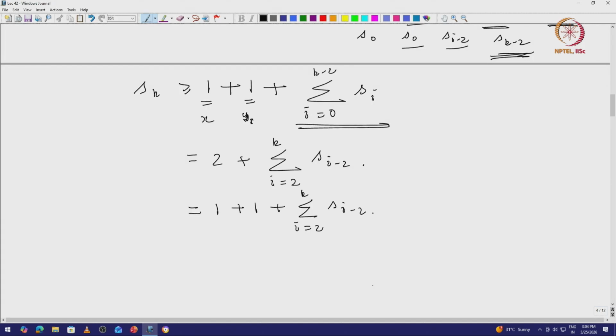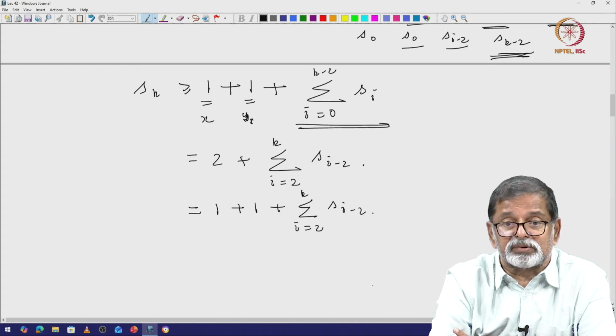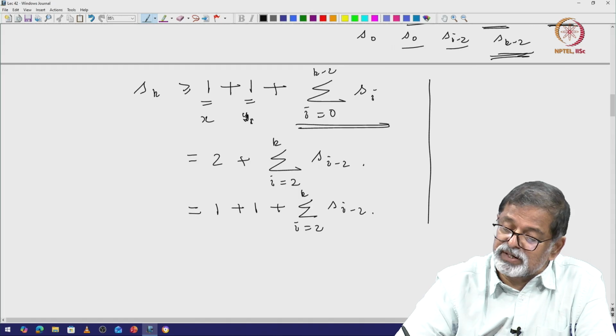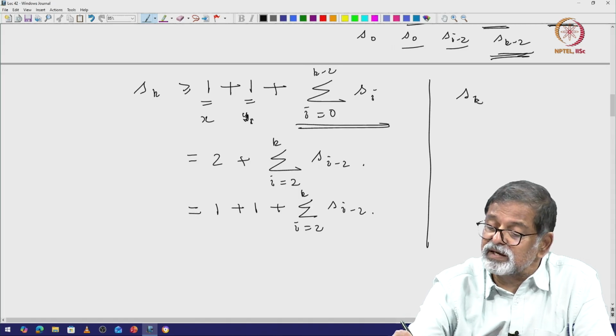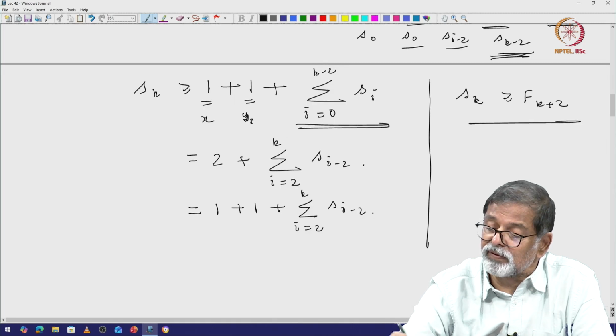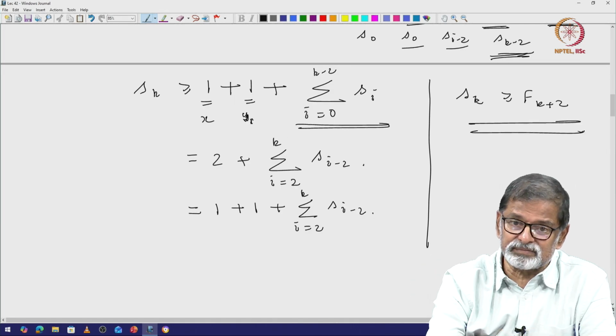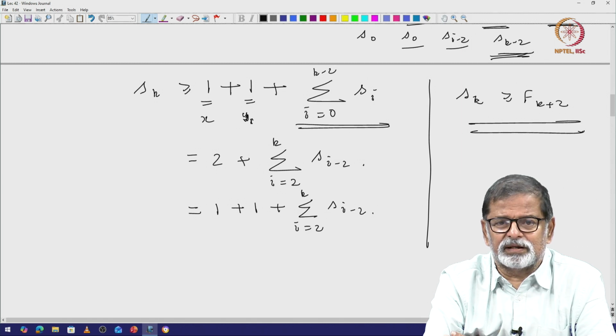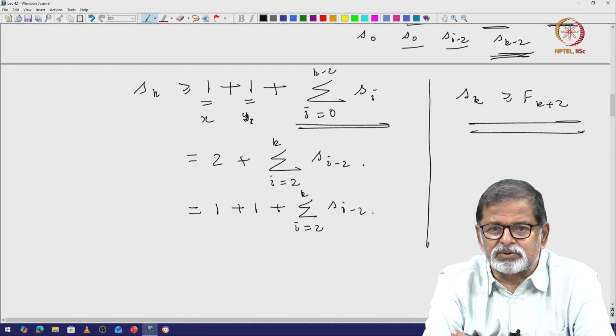So Sk is the sum of all of these, which means S is going to have exponential growth, right. So we are going to now argue that Sk is greater than or equal to F(k+2).